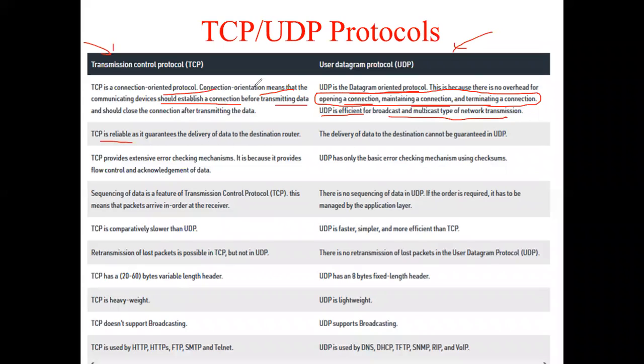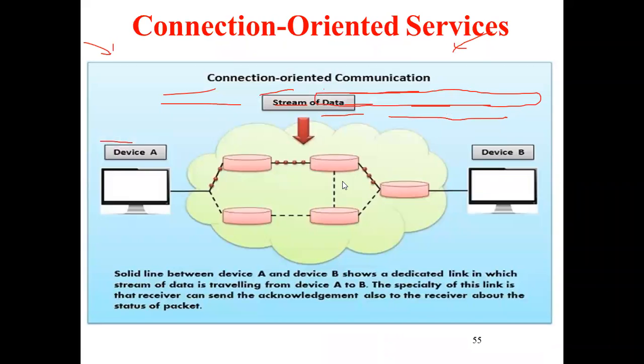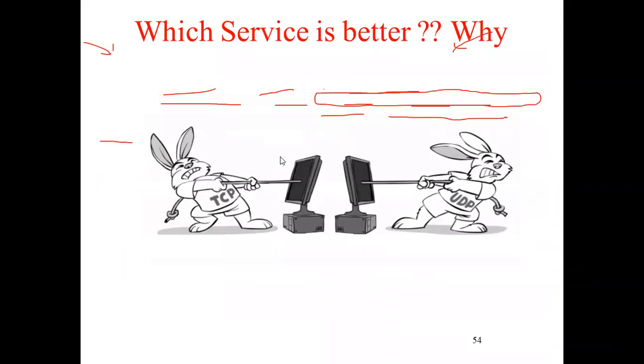So all in all, what I want to say is that we cannot say UDP is better or TCP is better. This question might be asked just to confuse you, right? But yes, it depends upon the application. When a question is asked in the MST or your final exam about which service is better, you have to answer that it depends upon the type of application, right? In an application where we need reliable communication, some kind of guarantee between source and destination, we will go for TCP.